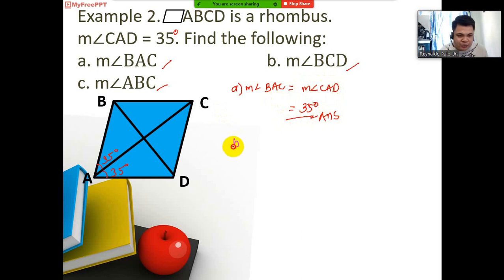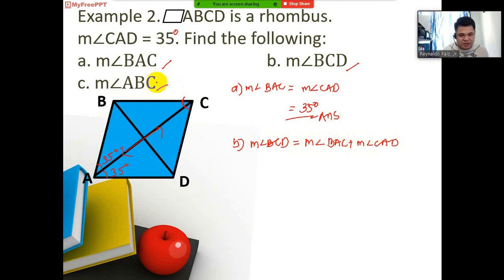Then letter B, the measurement of angle BCD. So where's angle BCD? So this is angle BCD. We have to apply the property of parallelogram that opposite angles are congruent. So we can already say that the measurement of angle BCD is the sum of the measurement of angle BAC plus the measurement of angle CAD.